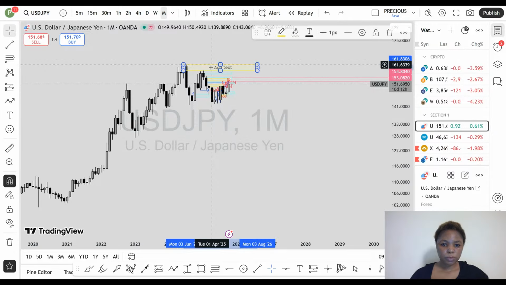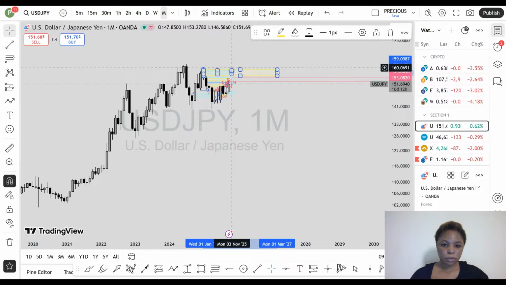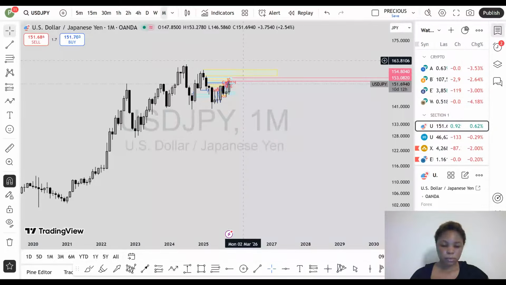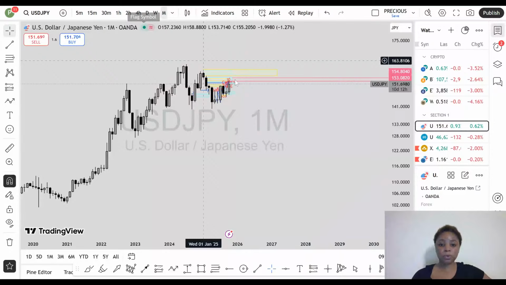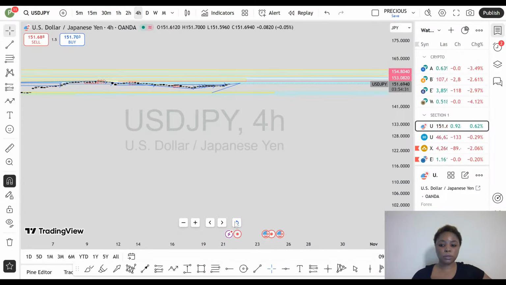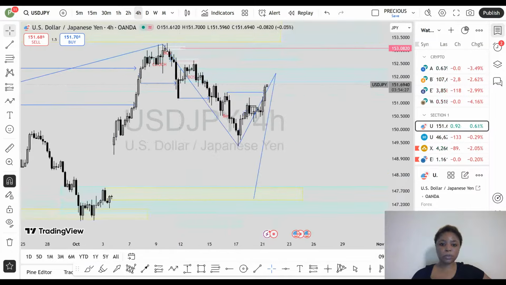This is the long-term analysis on USDJPY. But it's not that we don't have sell opportunities, even though it's a bullish market. You still do have sell opportunities because of the pullbacks.